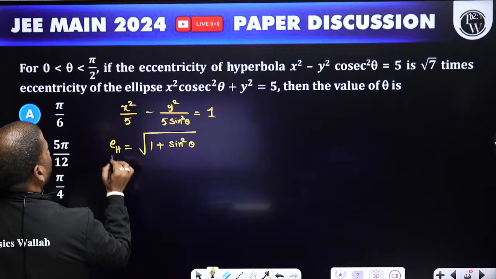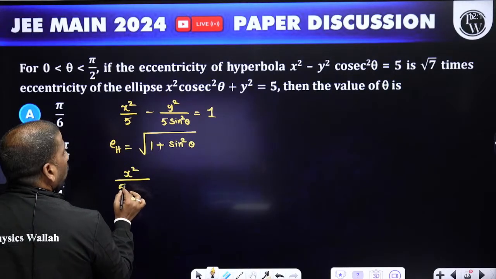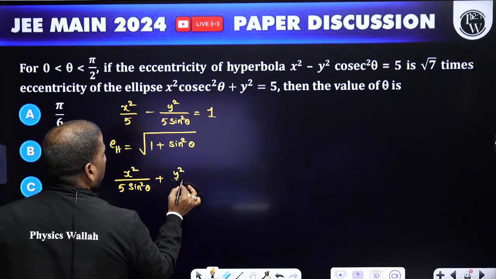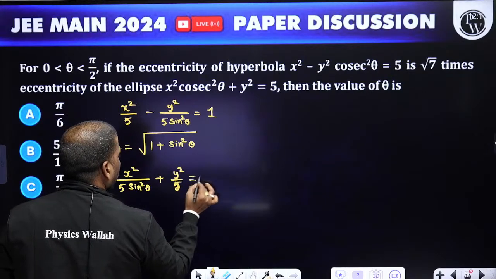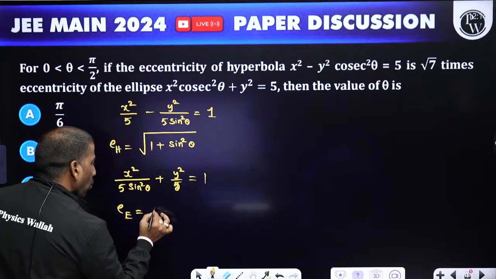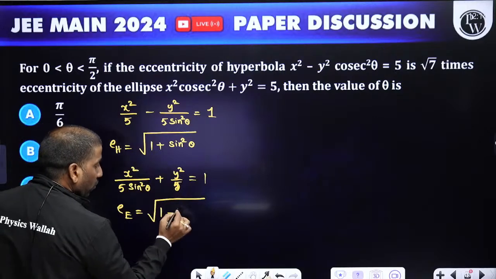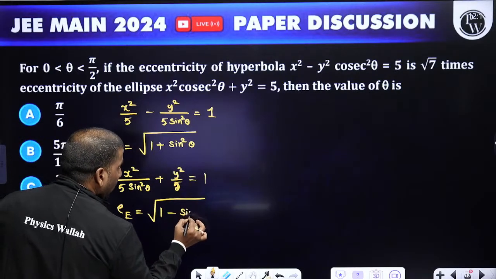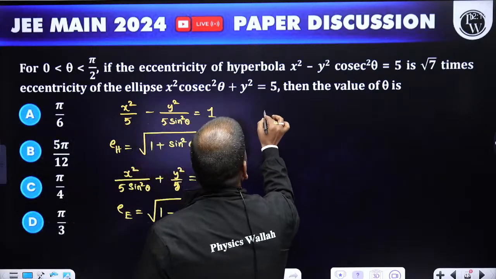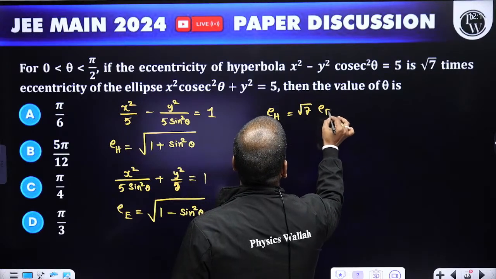Next, coming to the second portion, that is the ellipse, x square by 5 sin square theta plus y square by 5 is equal to 1. So for the ellipse, 1 minus smaller by larger, smaller is 5 sin square theta, not 5. So it is root of 1 minus sin square theta. What they have given is root 7 times. So e_H is equal to root 7 times e_E.